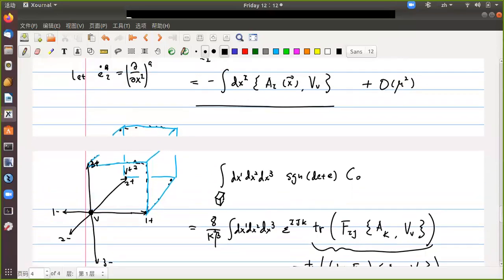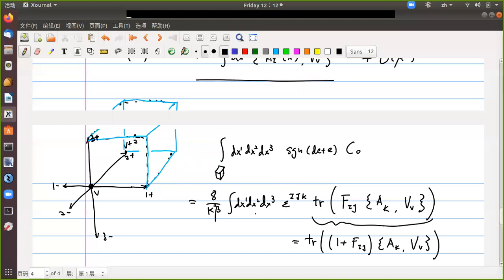So you split this 3-dimensional integral into a surface integral, dx1, dx2, and the last integral dx3, which integrates the Poisson bracket.